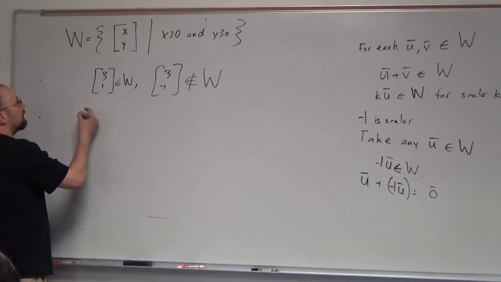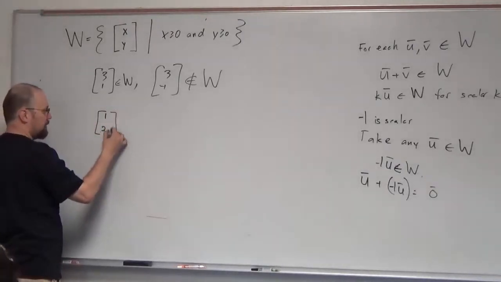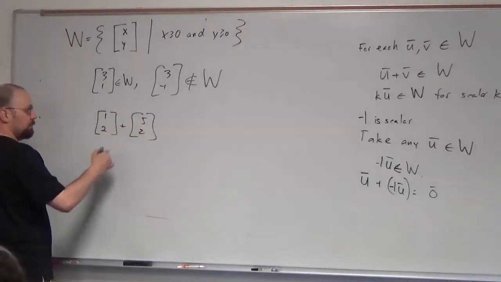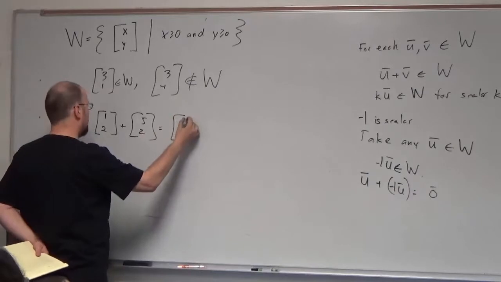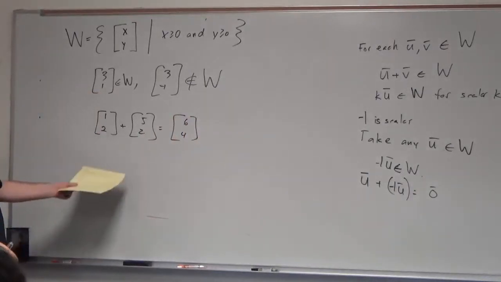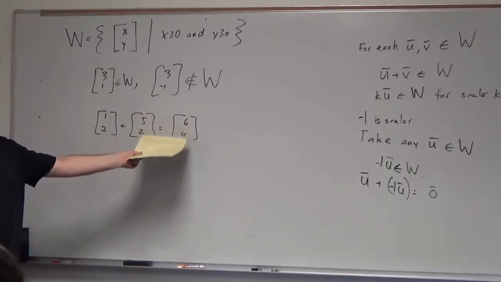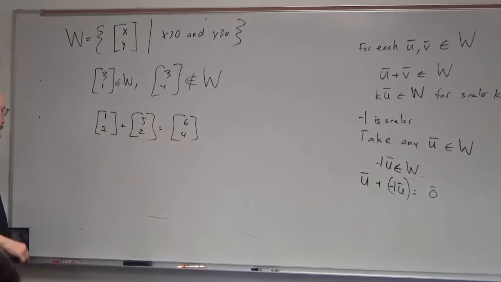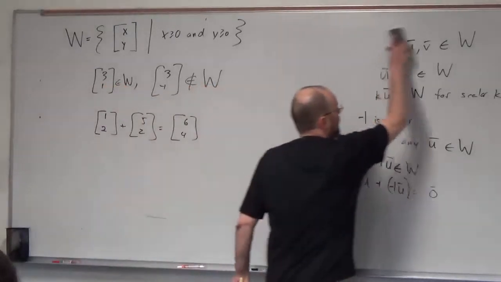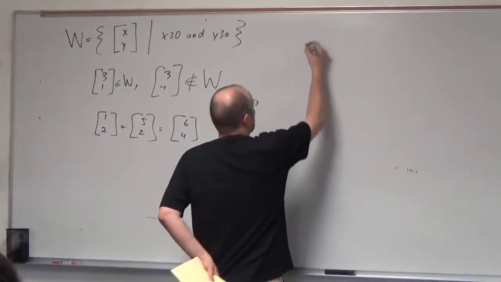So if I add in standard operations, if you try to think of a counterexample, you add these things with non-negative entries, you get something with non-negative entries, right? And so it doesn't matter which two elements you pick from W, you always get something that has non-negative entries for the sum. So you start thinking, hey, this is closed under addition, and you want to prove it. So how to prove it?